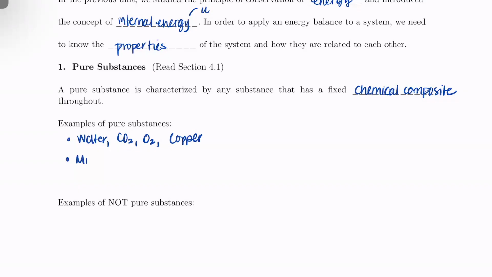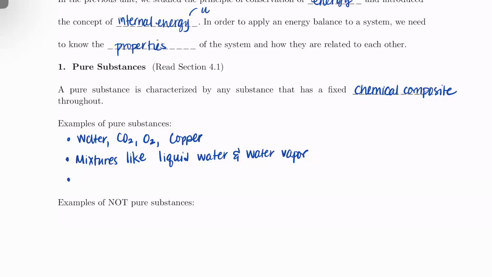Sometimes mixtures, if the mixture has the same chemical composition. For example, if you had a mixture of liquid water and water vapor, anywhere you are in that mixture, your chemical formula would be H2O, so you're good.